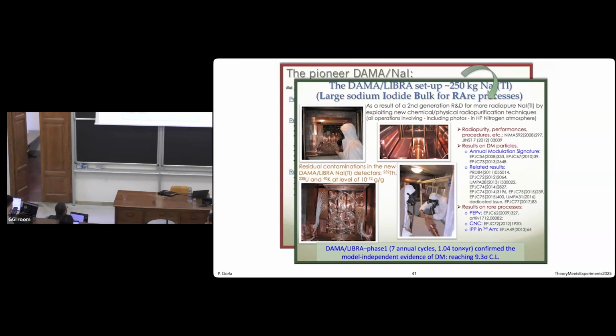Just to give you an idea of the kind of things you look at: when people showed that they were not able to see the same signal, we started to cross-check the signal. And one thing that they did, which is quite surprising, is they do see multiple scattering on detectors. That is due to the presence of neutrons.